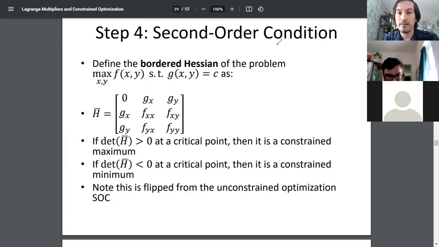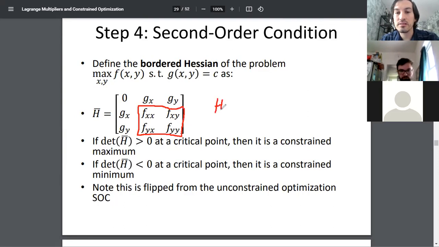I'm going to annotate now. I like annotating. This thing I have here in red, not the whole thing, but just this thing here in red, that is the Hessian matrix. Okay. So it's like we're going to take our usual Hessian matrix, which are simply the second order partial derivatives of the objective function f.